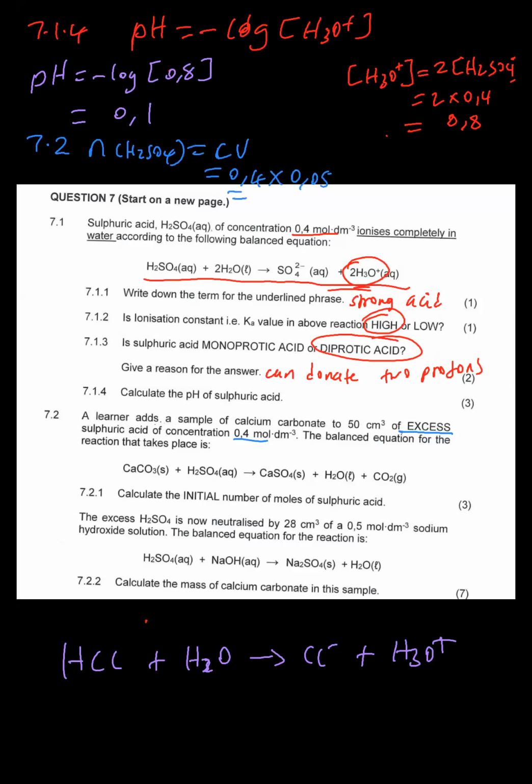Multiply the two, and you get 0.02 mole. That is the initial number of moles of sulfuric acid.